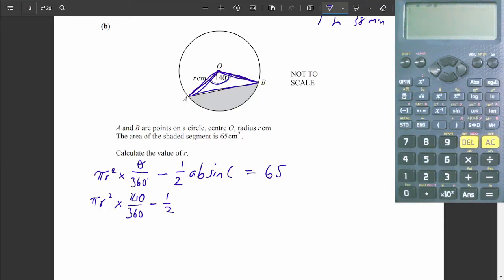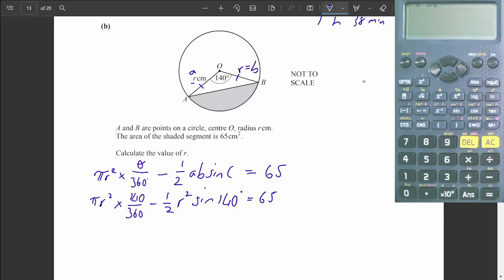So we know that a probably is r, and since this is the radius of a circle, those two lengths are the same because they're both the radius. The radius is always the same, so that's also r. So b is also r. So this will be r times r, or r squared, and then sin C is the angle.